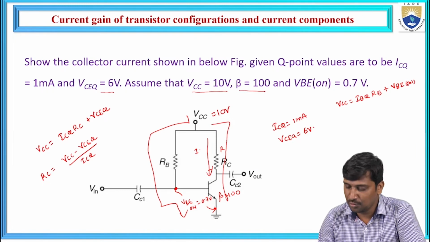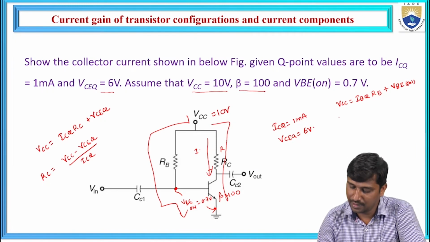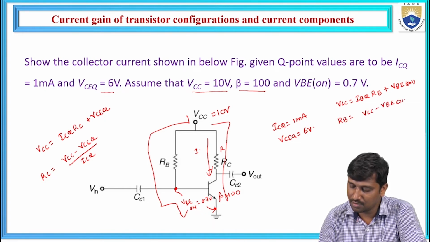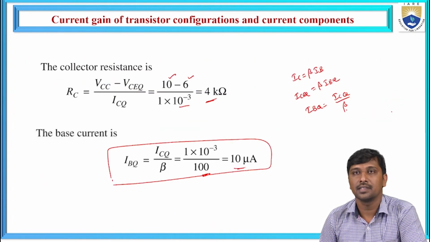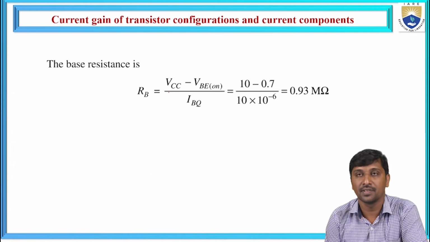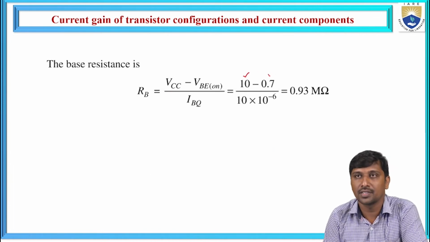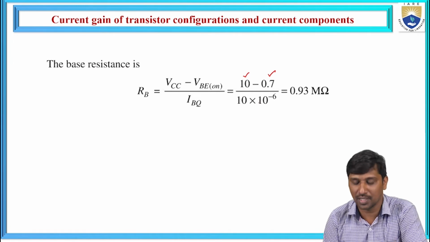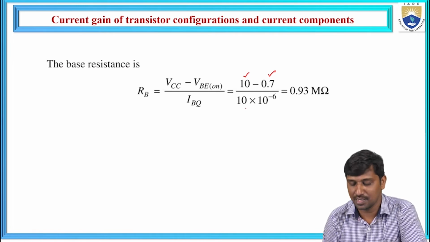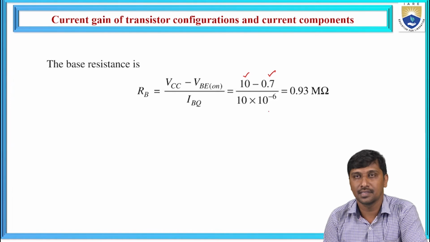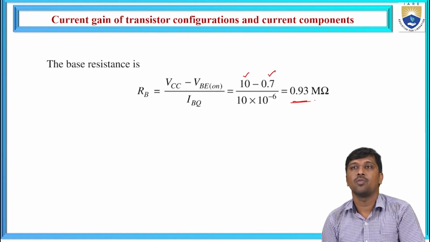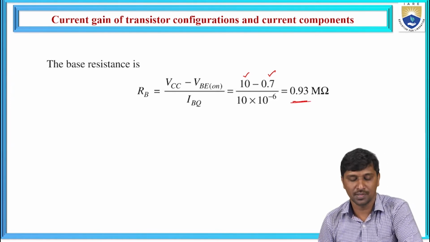The unknown parameter is RB, hence we calculate RB as VCC minus VBE on by IBQ. So VCC is 10 volts, VBE on is 0.7, IBQ we observed as 10 microamperes, that is 10 into 10 to the power of minus 6. It gives 0.93 mega ohms.